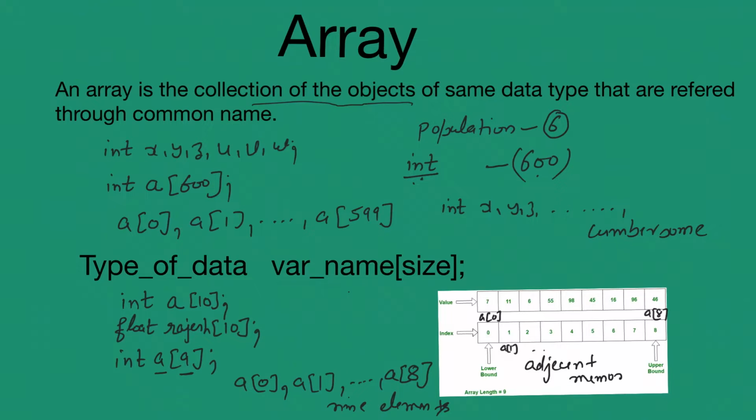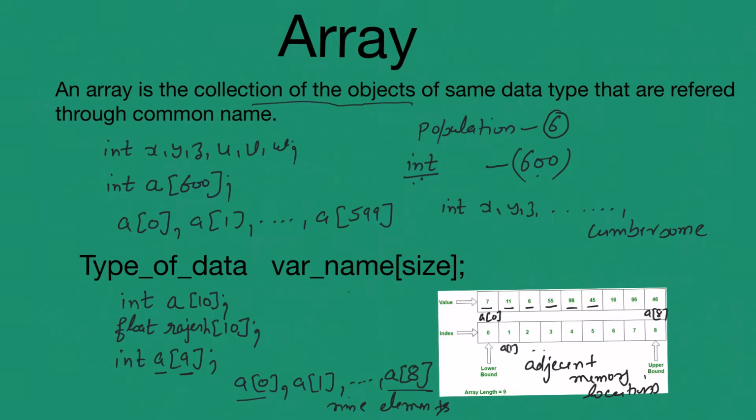And each memory location can now store any integer value, like a0 here has stored the value 7, a1 has stored 11, and so on. This is how an array works, and the first element of the array is a0 and the last is a8.